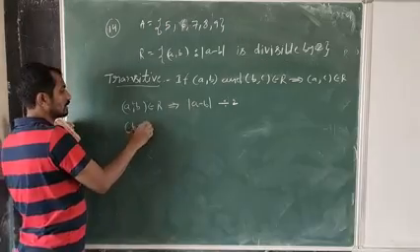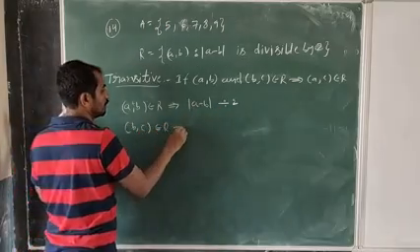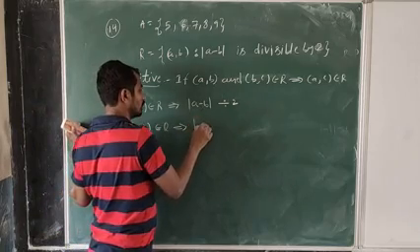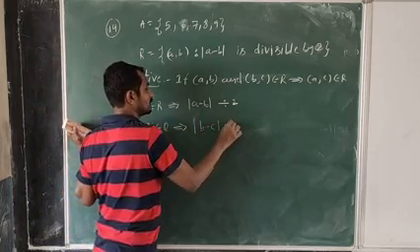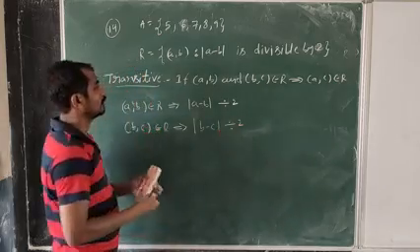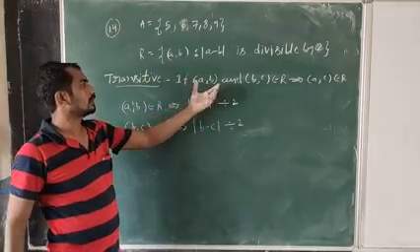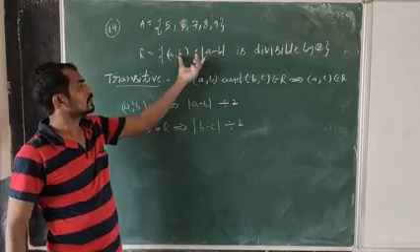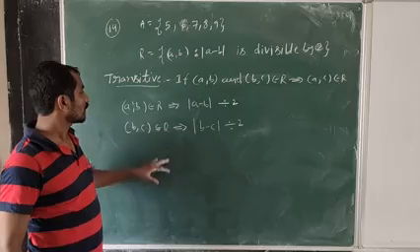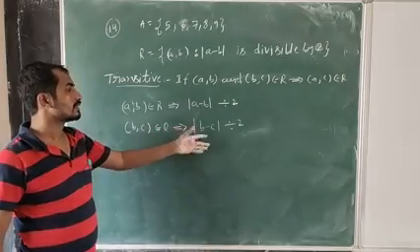And (b, c) belongs to R means mod b minus c is divisible by 2. Already they have given this. Now what do we have to show? That it is transitive.